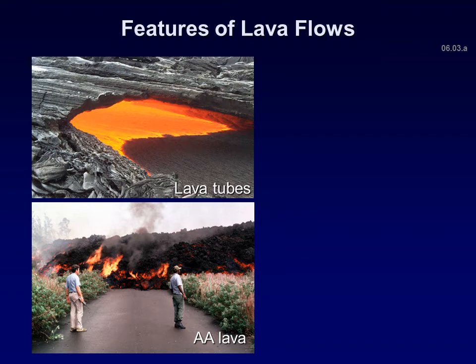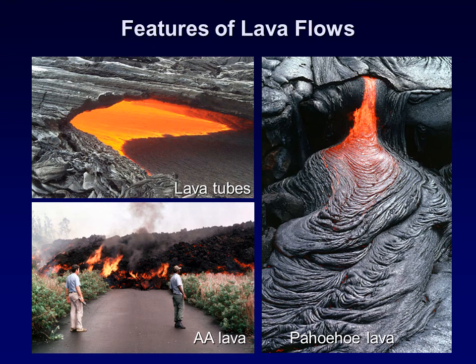So that's how I remember. That's 'a'a lava. As opposed to pahoehoe lava, which is a ropey, fluid flow. It's a very different type of flow, but all of these are mafic, right? They're all forming these black rocks. They're all relatively low viscosity.